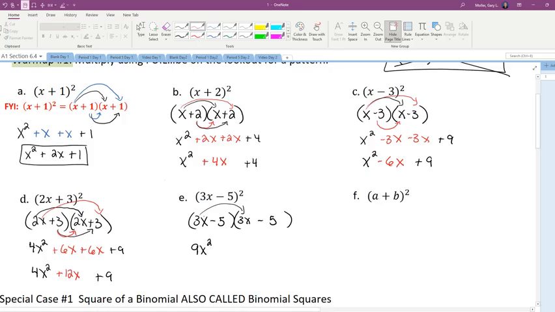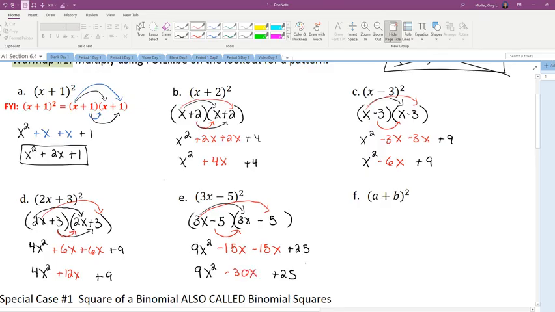Then I've got 3x times negative 5, minus 15x. I've got another negative 5 times 3x, so another negative 15x. And then finally, we have negative 5 times negative 5, which is positive 25. 9x squared, 25 on the end, and in the middle, we've got negative 30x.